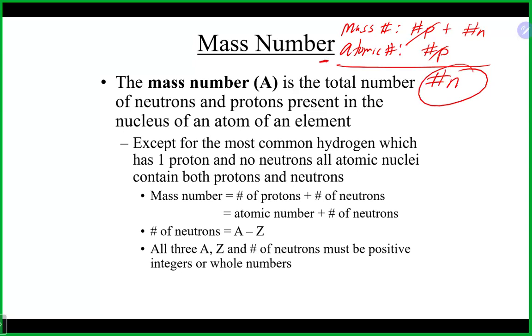When you calculate or give the mass number, the atomic number, or the number of protons, electrons, or neutrons, they all need to be positive whole numbers. So that brings up an important point when I go to the periodic table.